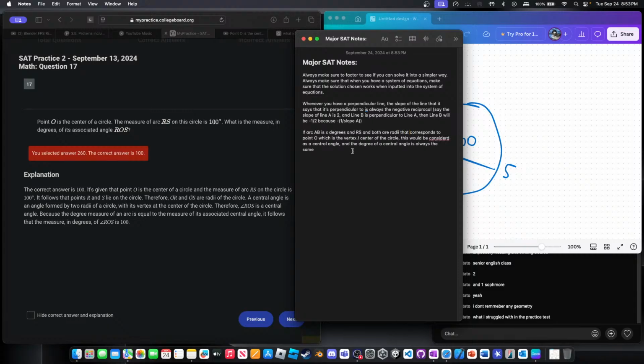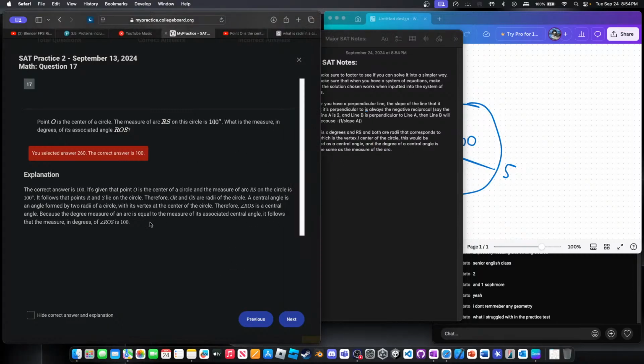That corresponds to point O, which is the vertex of the center of the circle. This would be considered a central angle. And the degree of a central angle is always the same as the measure of the arc. Yes, there we go. Associated central angle. Cool. Now I get it.